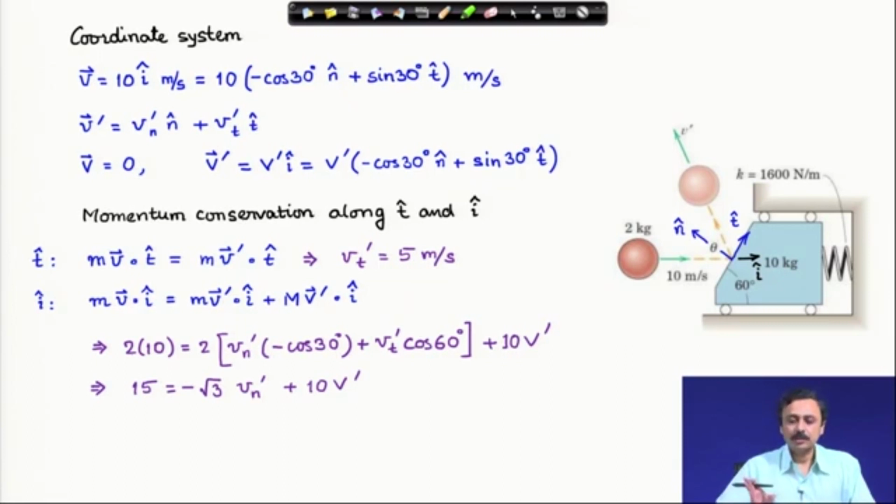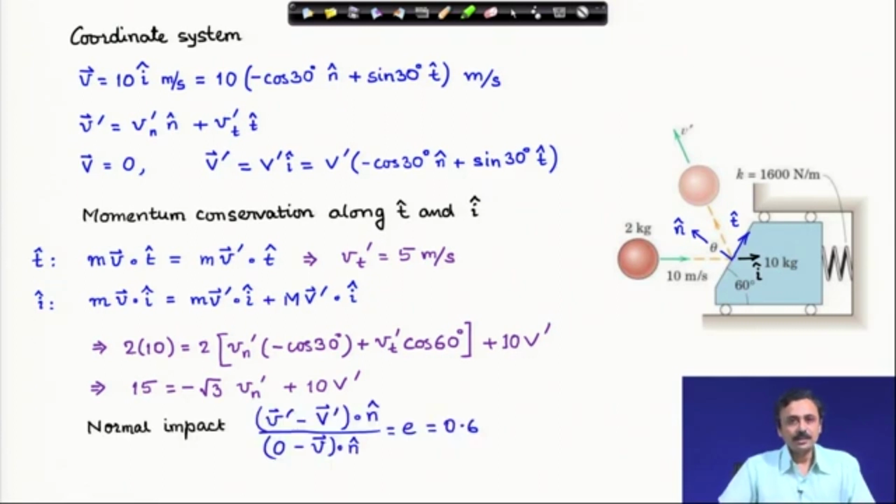For the ball, the linear momentum conservation in the tangential direction has yielded me the tangential component of the velocity, V t prime, and linear momentum balance in the horizontal direction, I cap direction, has given me this equation.